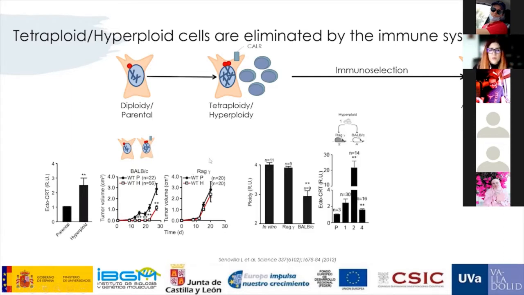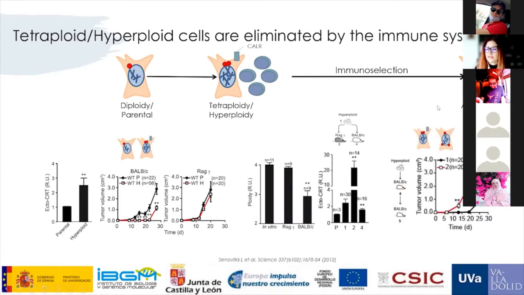What we did was also recover tetraploid tumors that have been grown in immunocompetent and immunodeficient mice, and we observed that the tumors that have been immunoselected in the immunocompetent mice have lost ploidy, and they have also lost calreticulin. We could say that we are in an aneuploidy state.